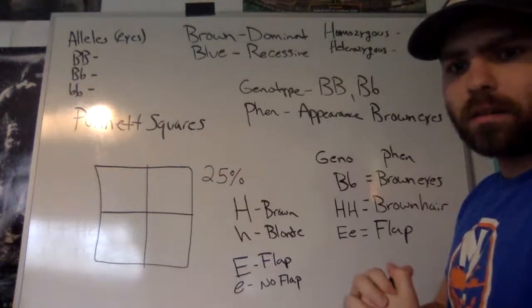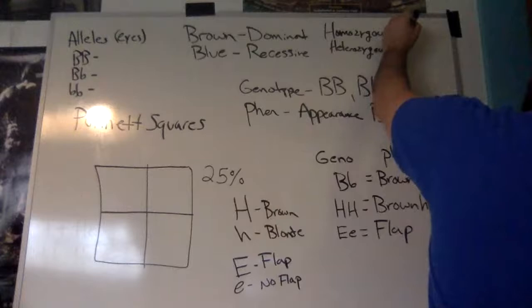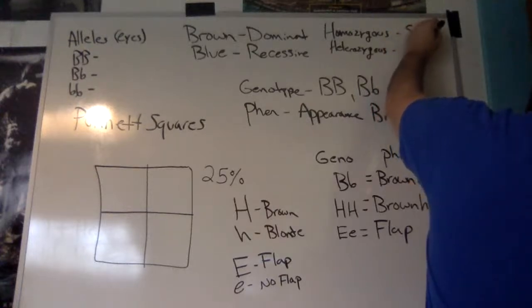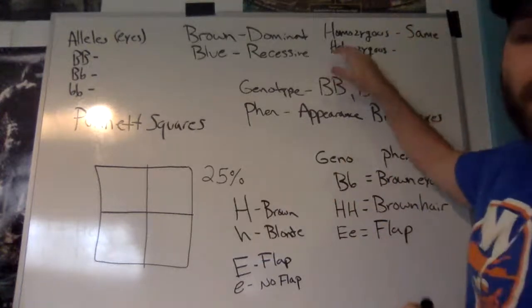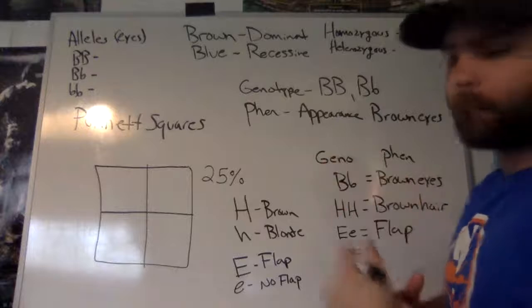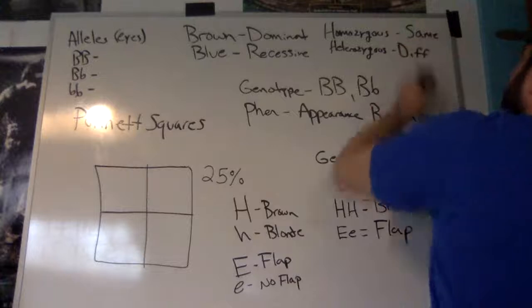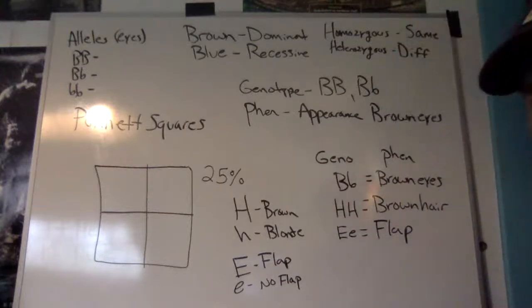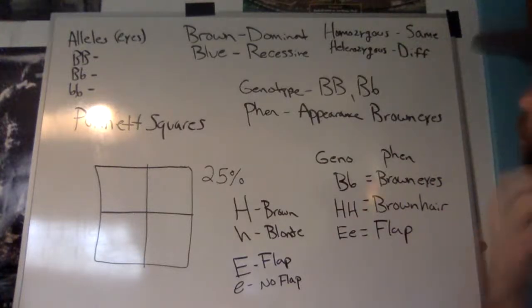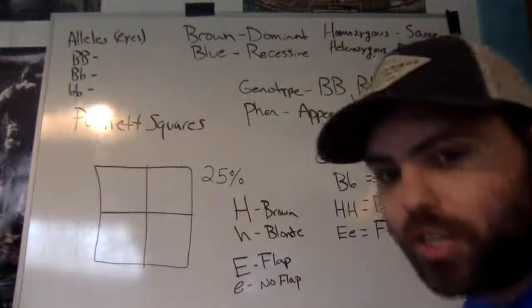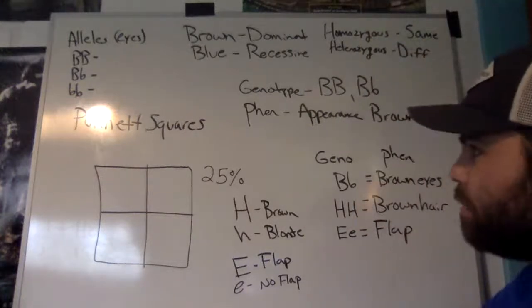Homozygous. Same, right? So they're always going to be the same. Okay. Heterozygous is going to be same or different? Different. Okay. So that's basically all the terminology that you really need for this unit.